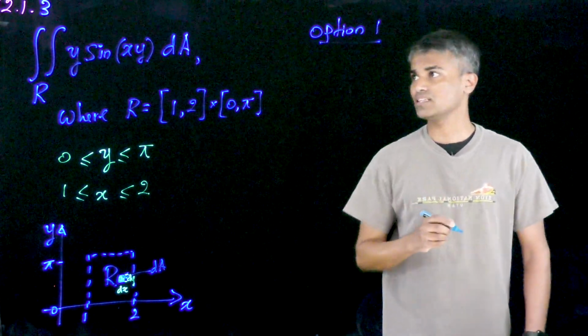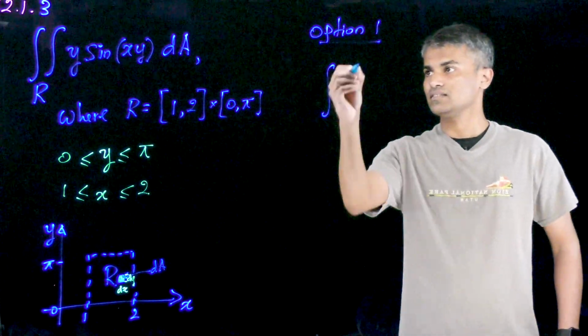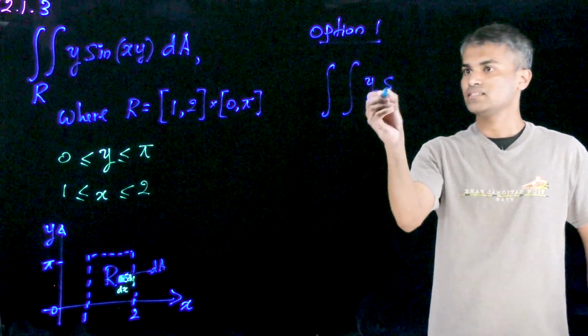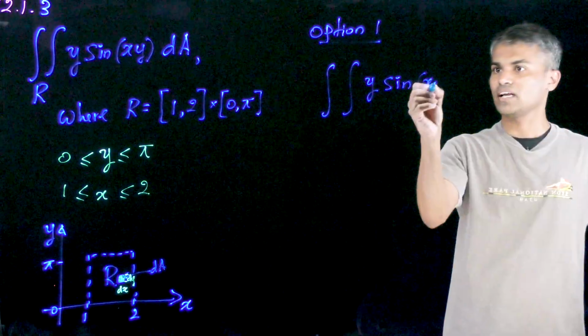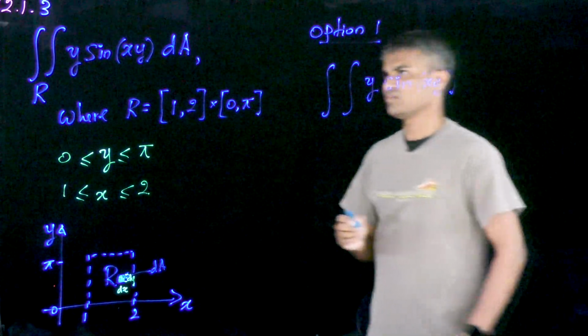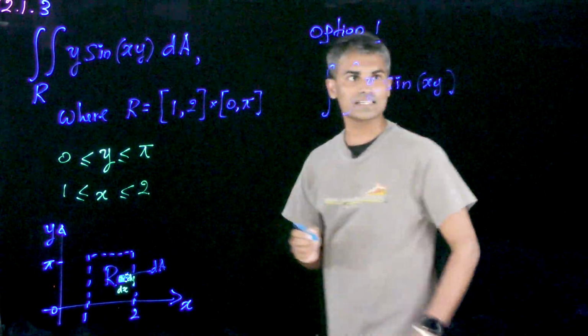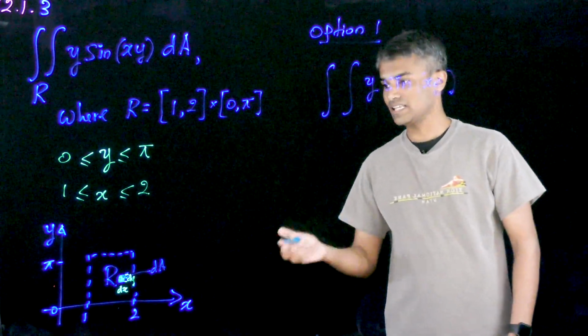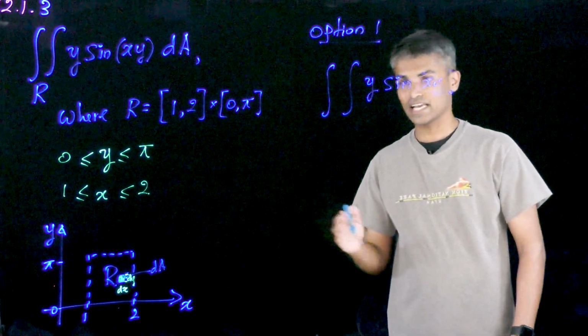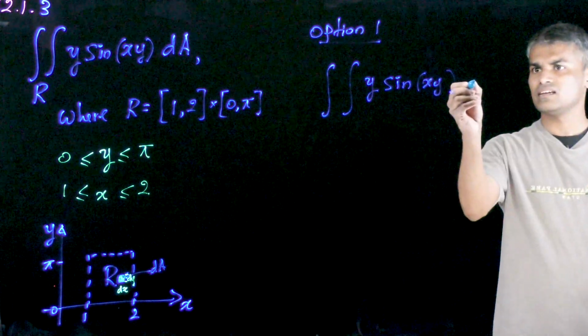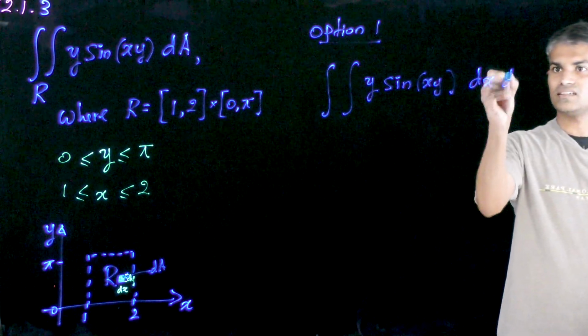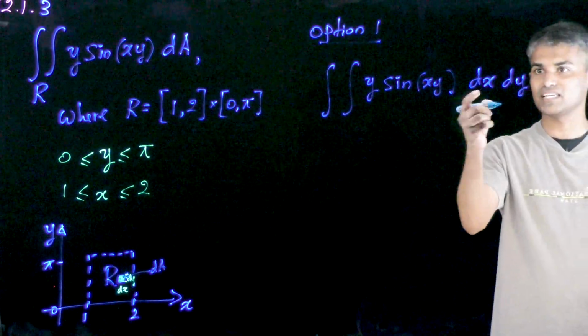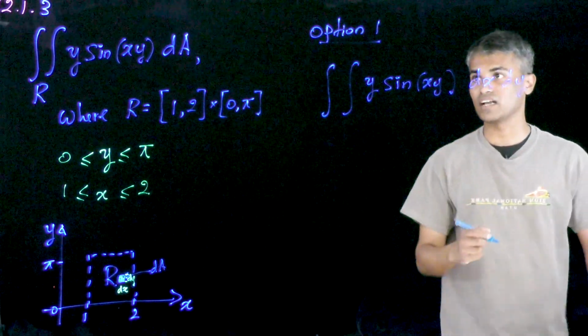Our option 1 is this, y sine of xy. Now let us say dA is the area element on the xy plane, and it is dx dy or dy dx. Let me do this. So this is your area element dA, just dx dy.